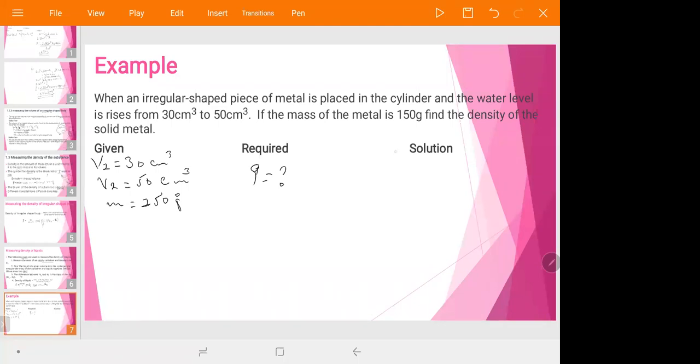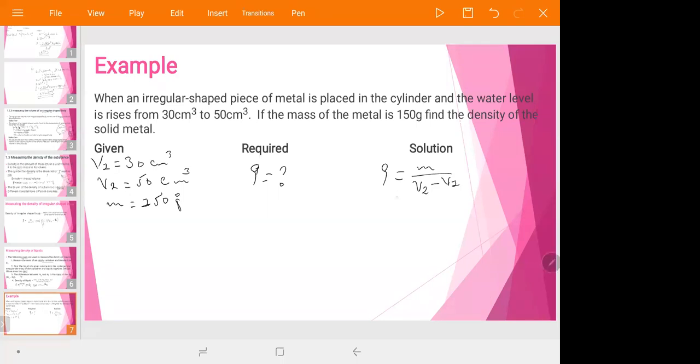As one of you told me, density of an irregular shaped body is equal to mass divided by the volume of water and the irregular shaped body minus the volume of water, or final volume minus initial volume.